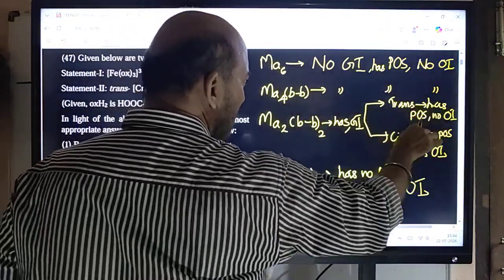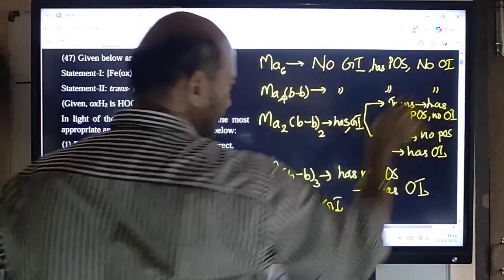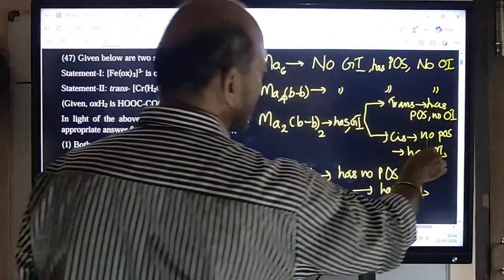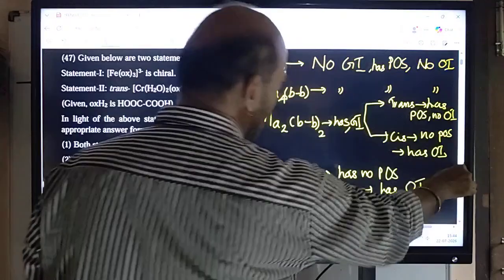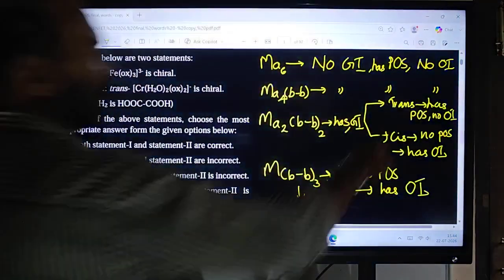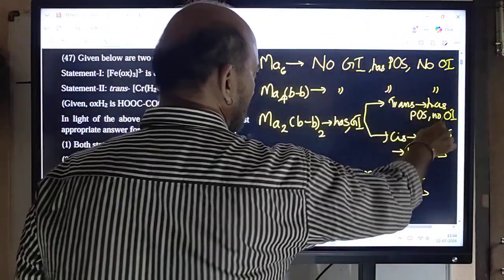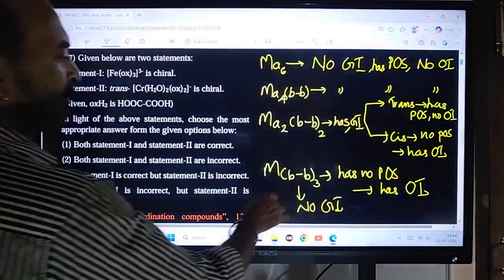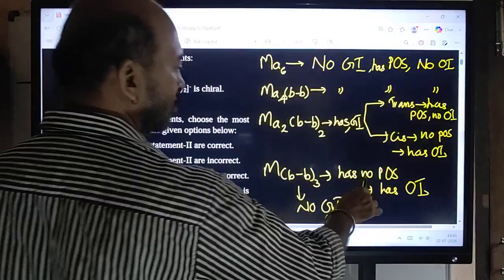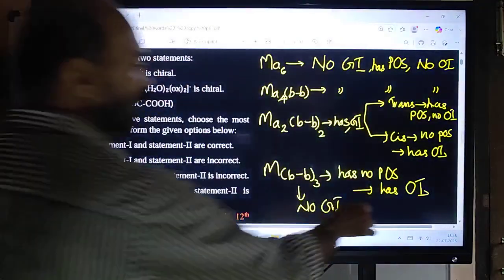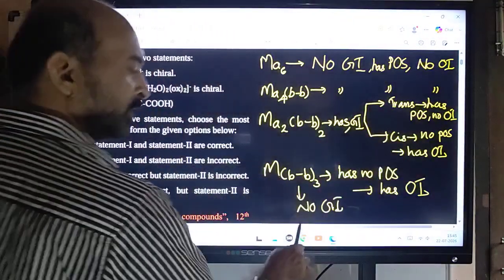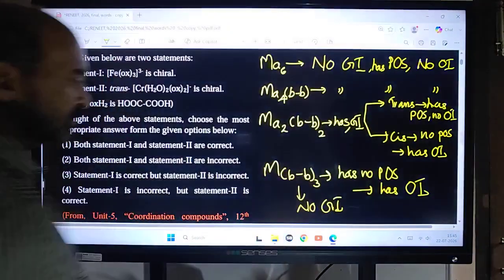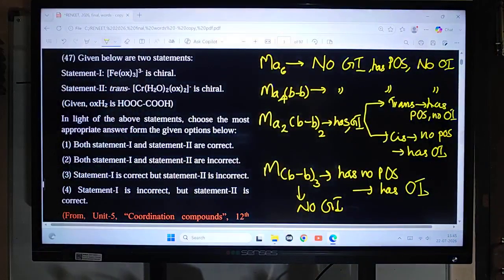Trans has plane of symmetry, no optical isomerism. Cis, no plane of symmetry, has optical isomerism. Has POS, no OI. No POS, has OI. Finally, MBB thrice has no plane of symmetry, so it has optical isomerism. Of course, it has no geometrical isomerism. These were the conclusions we have drawn.